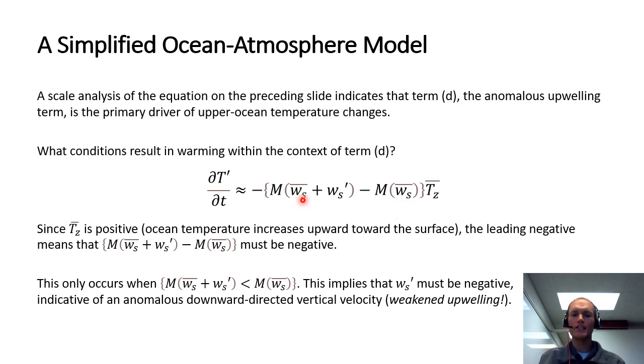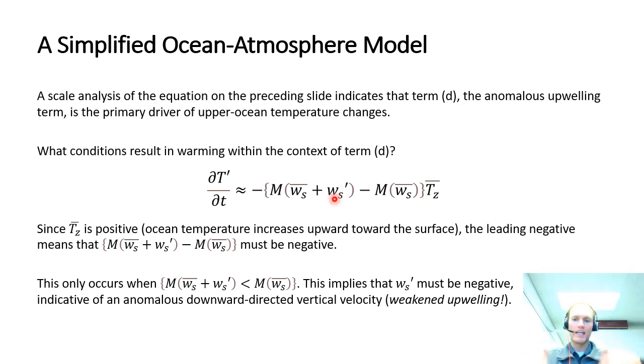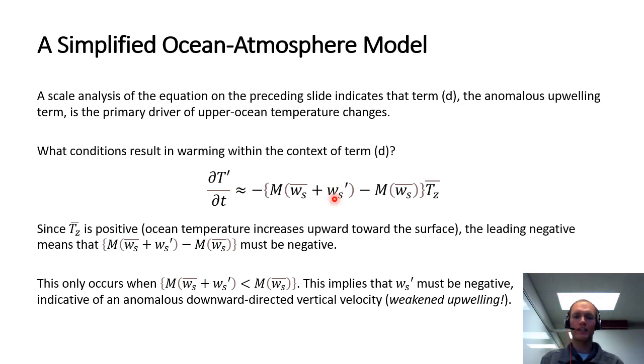Here we have a positive plus an anomalous component here. So in order for this left-hand side term to become smaller than this second term here, this W sub S prime has to be negative, leading this whole M term to either be less than this M term or to be 0 ultimately, if this is so substantially negative, implying anomalous downwelling as to facilitate downward directed vertical velocity in the ocean.